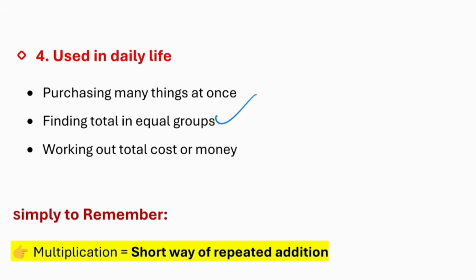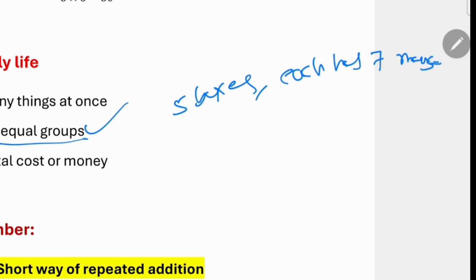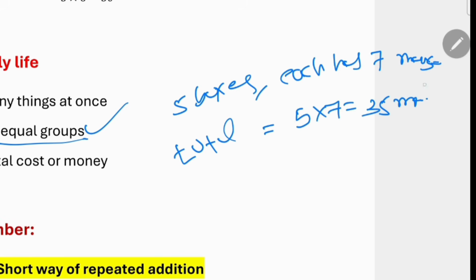And the next one, finding total in equal groups or counting groups. For example, 5 boxes, each has 7 mangoes. Then the total number of mangoes is equal to 5 into 7 is equal to 35 mangoes.